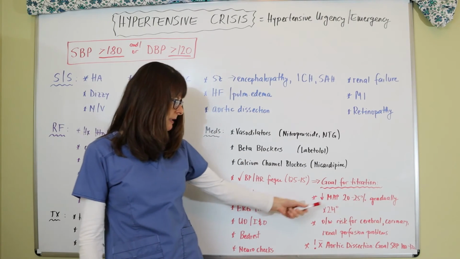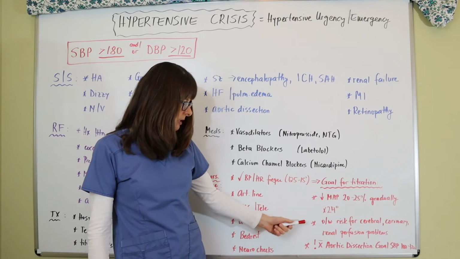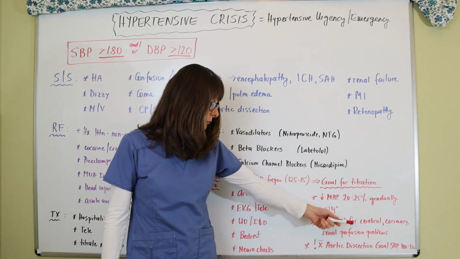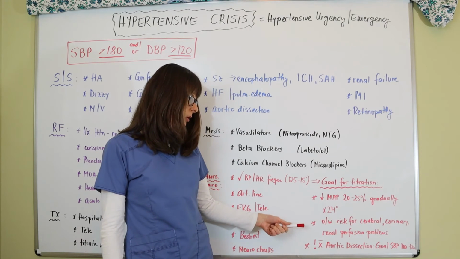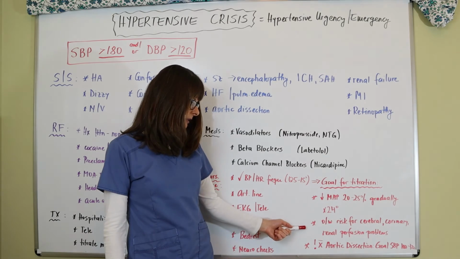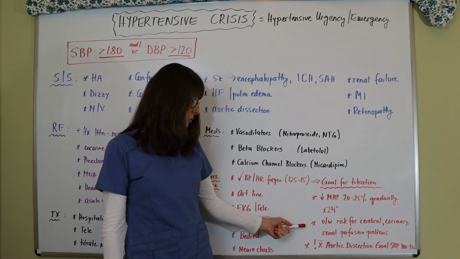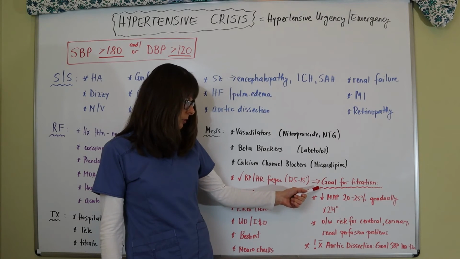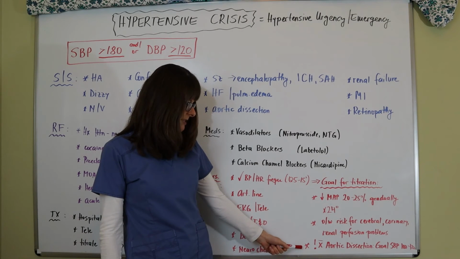So it typically is done gradually, because otherwise there is a risk for cerebral, coronary, and renal perfusion problems, because all these organs we know are super important and they might not get the blood flow that they need to stay functioning properly.